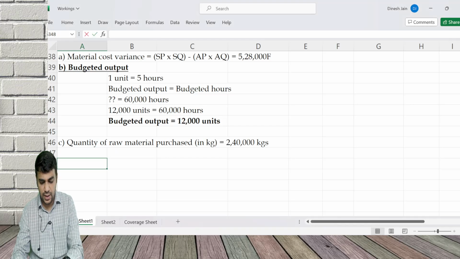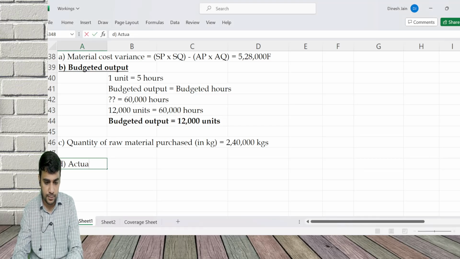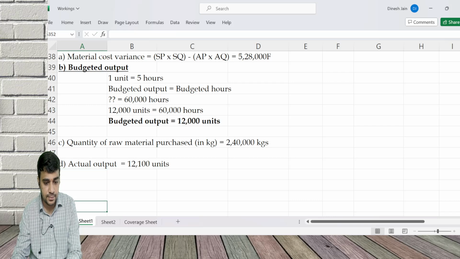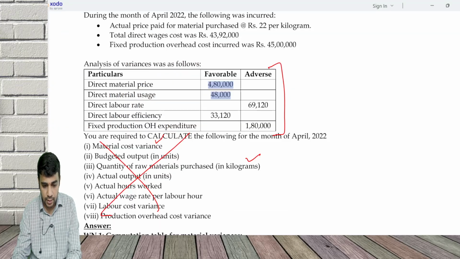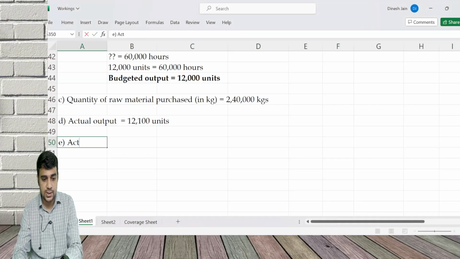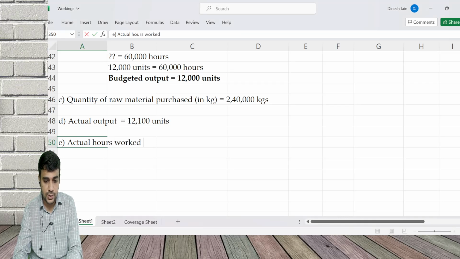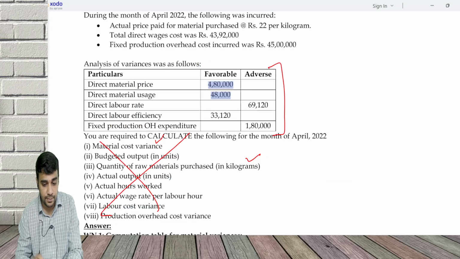Actual, we have already answered this. Actual output equal to how much? 12,100 units. Actual hours worked, this is also answered. How much? 60,040 hours.